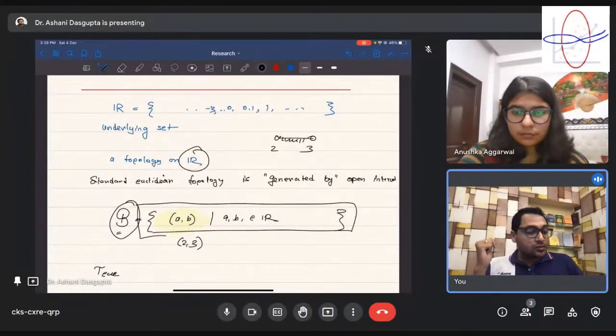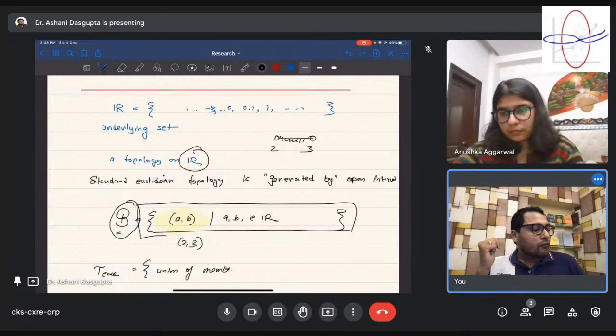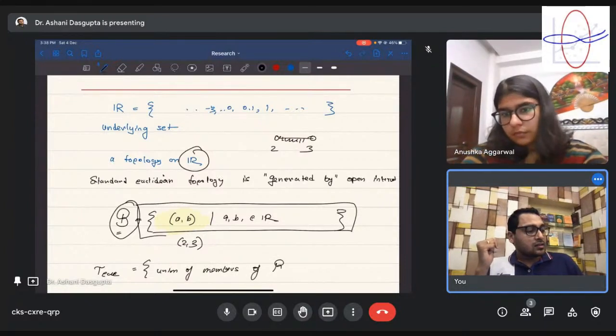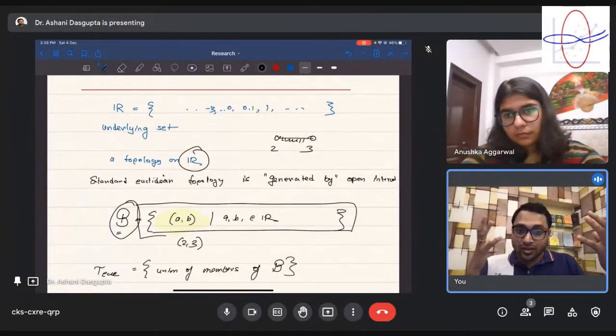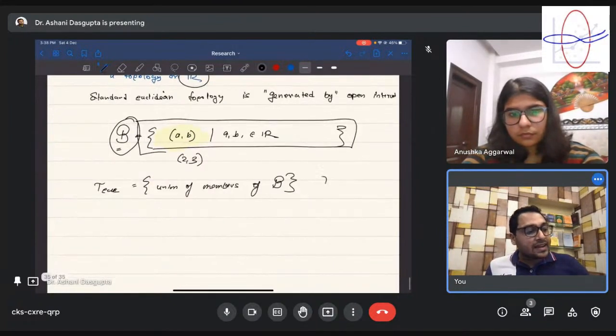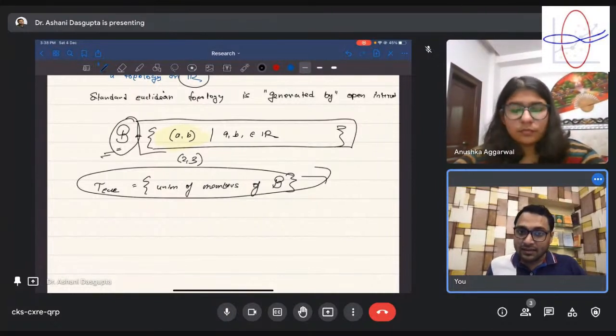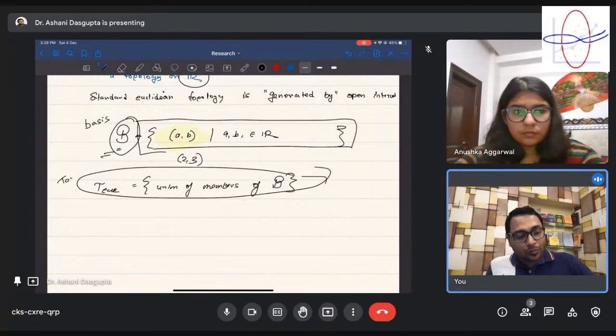What you do is you take unions of members of B. You can take arbitrary unions, finitely many or infinitely many. When you do that, you get a collection of subsets, which is obviously bigger than B. This is known as the basis, and then you get the topology using that basis.